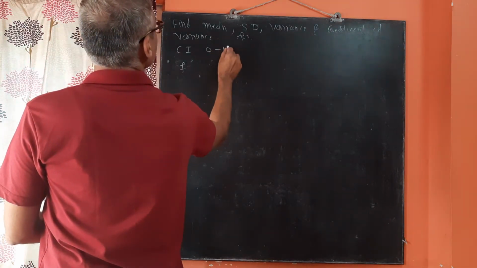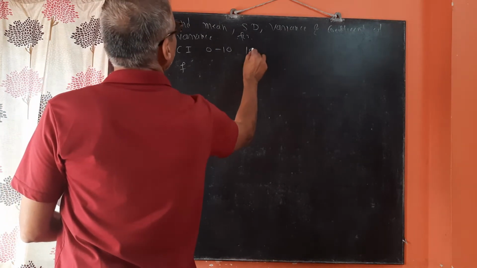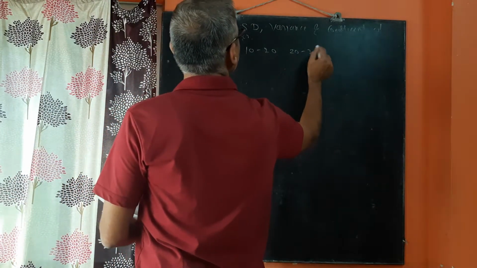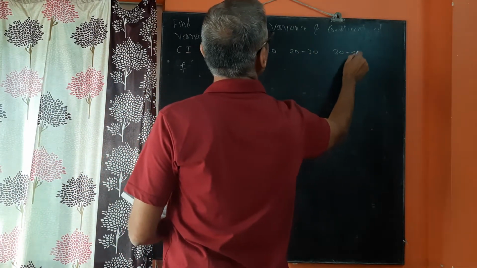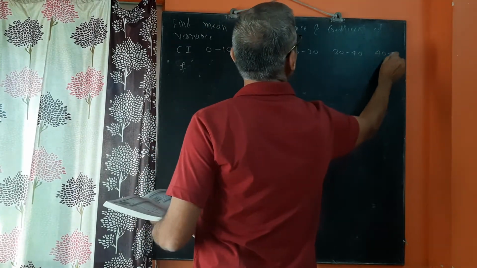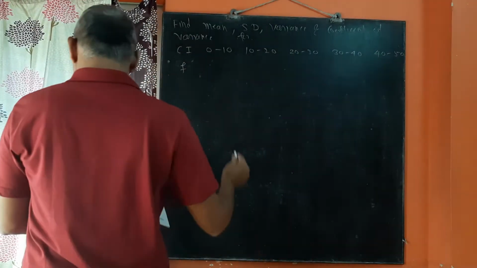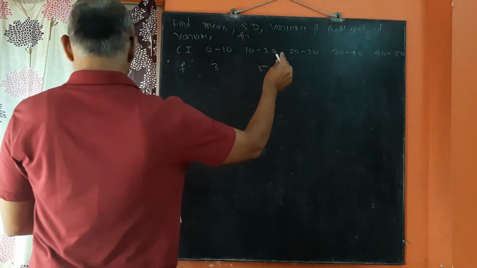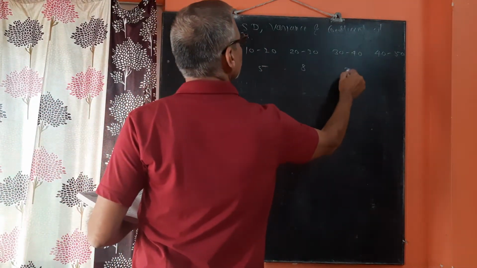Class intervals are 0 to 10, 10 to 20, 20 to 30, 30 to 40 and 40 to 50. Frequencies are 3, 5, 8, 3, 1.